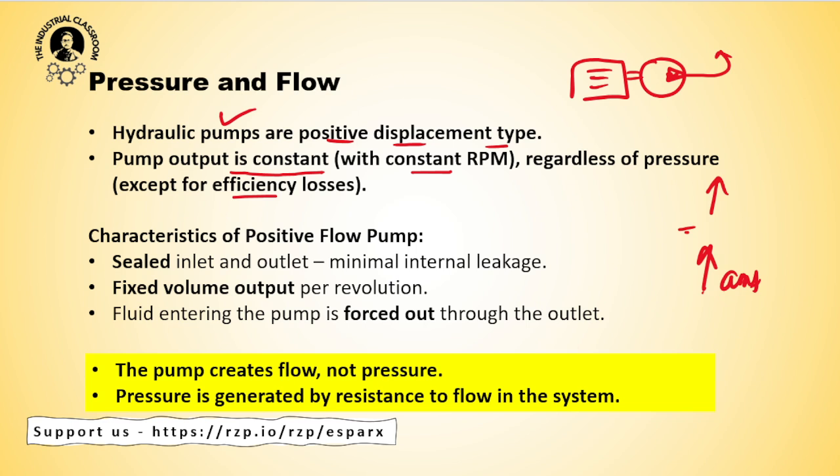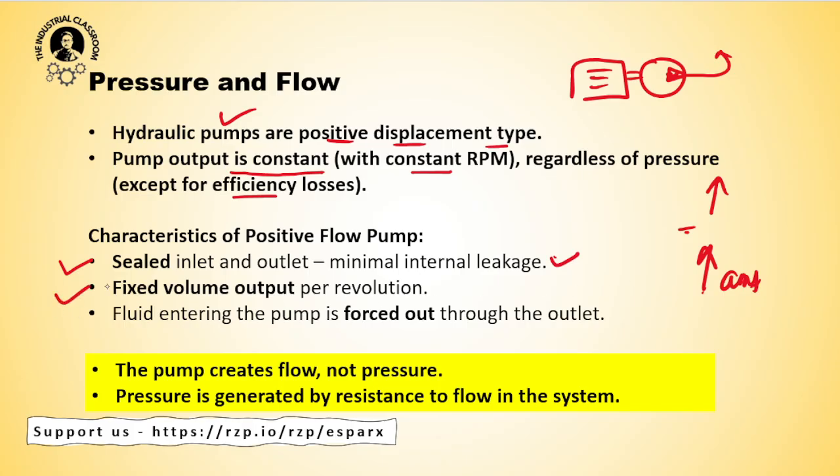So the quantity is the same, the pump output is the same with constant RPM. As we increase the RPM, the output will also increase. So what are the characteristics? First, for this output there must be good sealing. Internal leakages must be very low. If there is bad sealing or the sealing is damaged, leakages will be more, so input can never be equal to output.